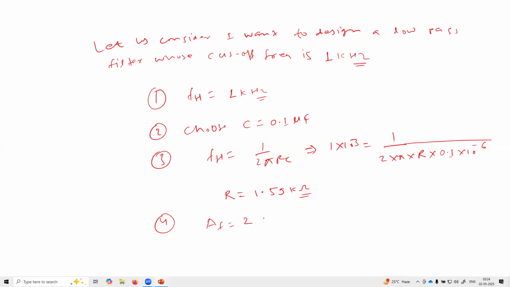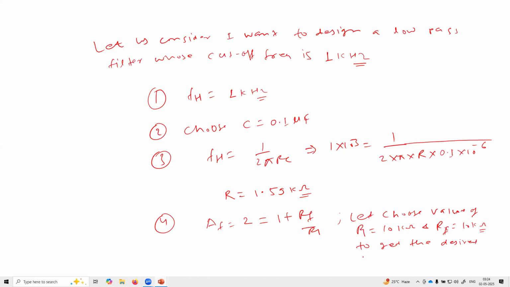Now, step 4, I want AF is equal to 2. So what I have to take is 1 plus RF upon R1. So let's choose the value of R1 equal to 10 kilo ohm and RF equal to 10 kilo ohm to get the desired gain.